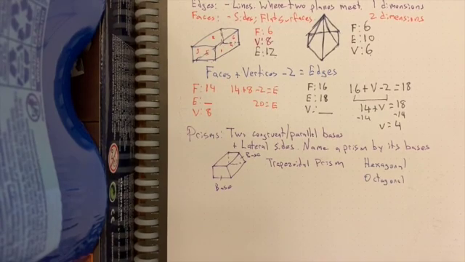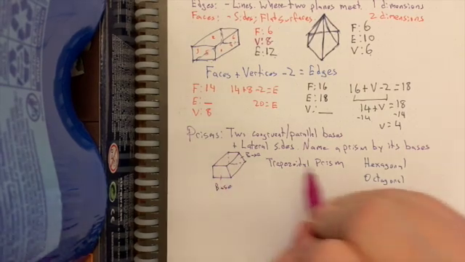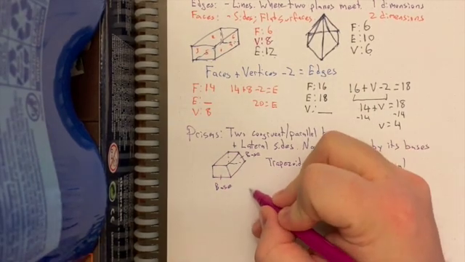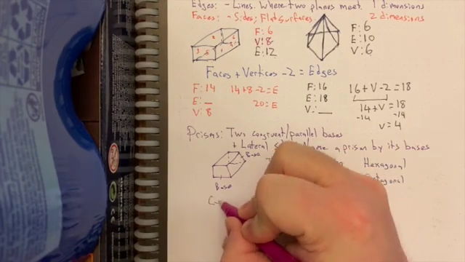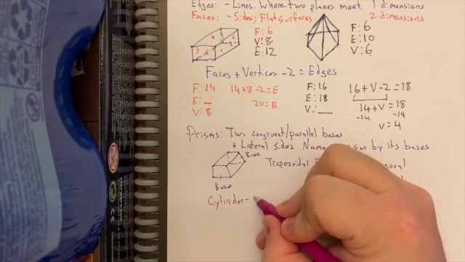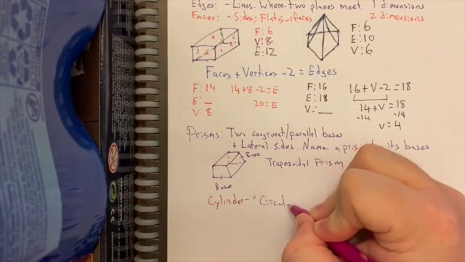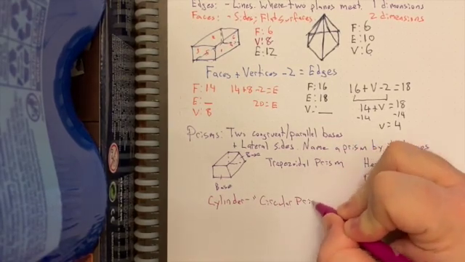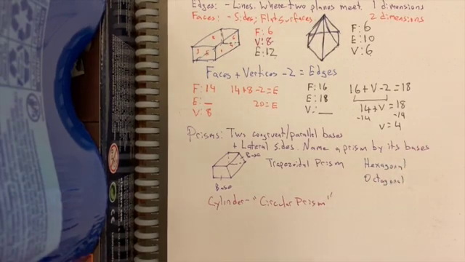But if it does, you want to pronounce it correctly, or else everyone's going to look at you like you can't speak properly. There is a special prism called a cylinder, and that's basically a circular prism. But no one would call it a circular prism.